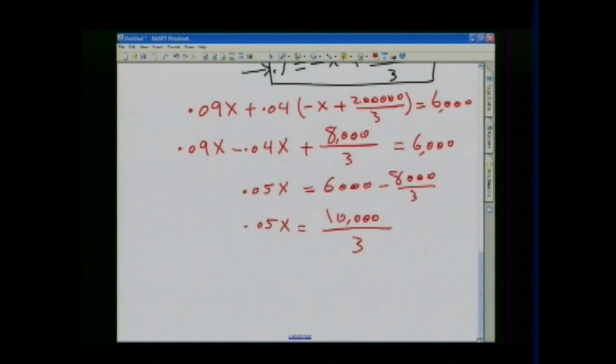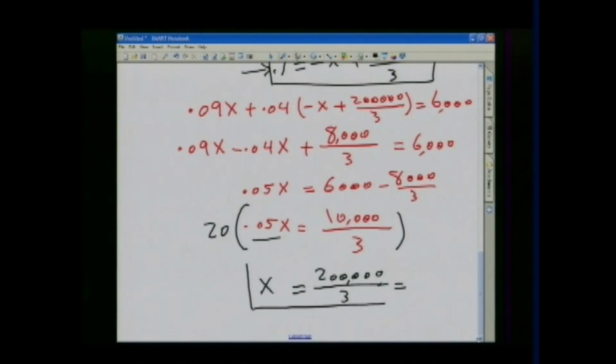Now to get rid of the coefficient of 0.05, if I multiply both sides by 20, then 20 times 0.05x would be x, and 20 times 10,000 divided by 3 would be 200,000 divided by 3. Well, we just leave it 200,000 divided by 3. That's 66,666. So that is the value for x.